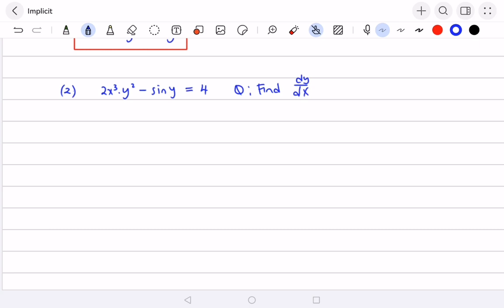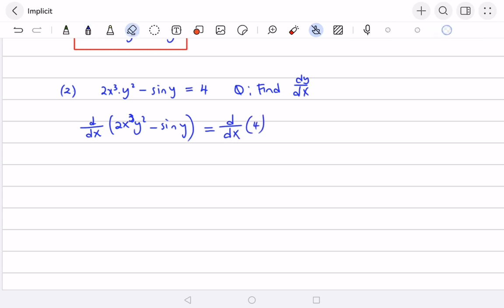So what do we do? Step number 1, differentiate both sides with respect to x. So we differentiate 2x cubed y squared minus sine y equals d over dx of 4. Right?